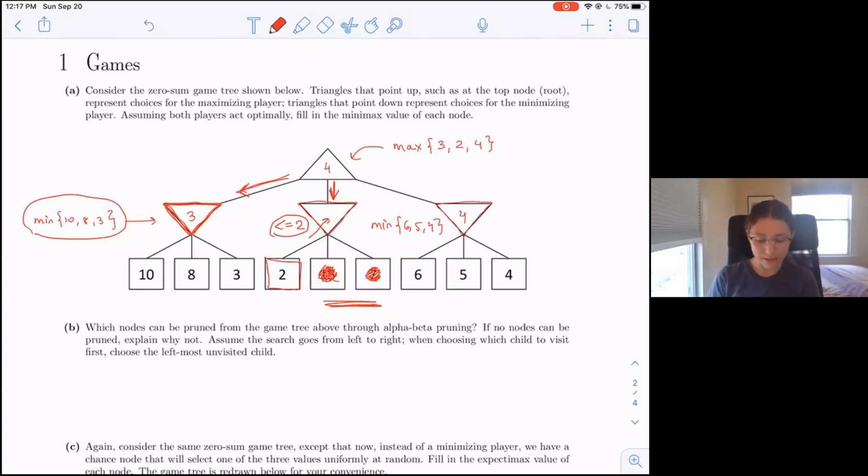If we ended up with this value of 3 here, then we know that the decision the ultimate maximizing node is going to be making is, let me just clean this up since this is technically stuff we haven't seen yet in alpha-beta pruning, then this node here so far would be making a decision between the max of the value 3 and also some number which is less than or equal to 2.